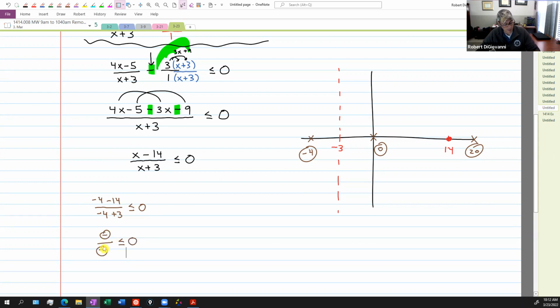And a negative divided by negative is positive, and a positive is not less than or equal to 0. So this is not going to work. If you plug in 0, you will get a negative or a positive. That will work. And if you plug in 20, it won't work.